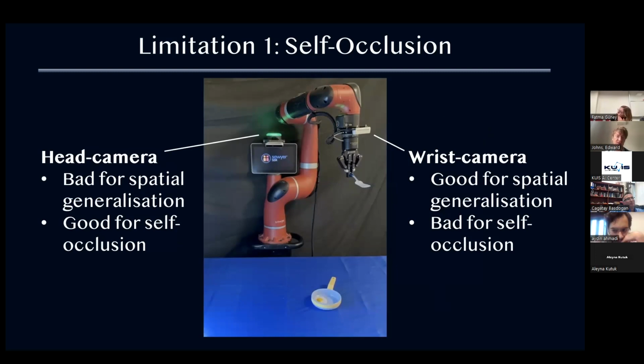With a wrist-mounted camera, you can generalize a controller across the table, for example, here, without having to retrain the robot in different configurations, because the image is conditioned on only the relative pose between the object and the gripper, not the global pose of the object. Whereas when you have a head cam, the image is conditioned on the global pose of the object. So wherever the object is globally, that image is going to be different. So it does solve the self-occlusion problem, but it also introduces another problem that we then have to solve.